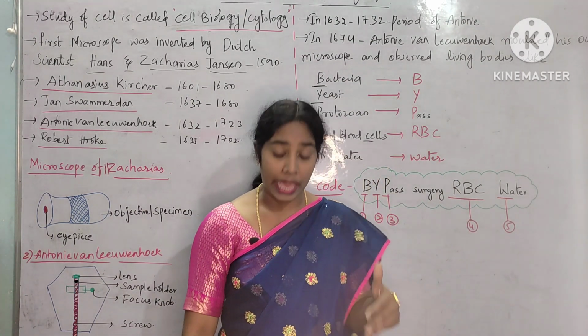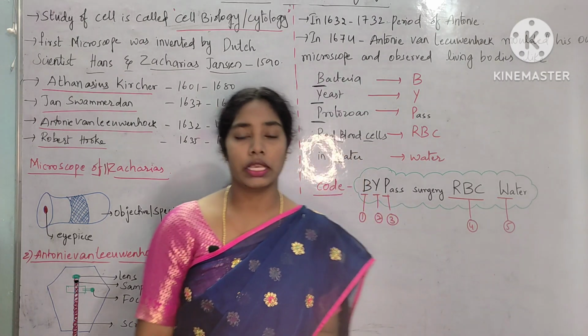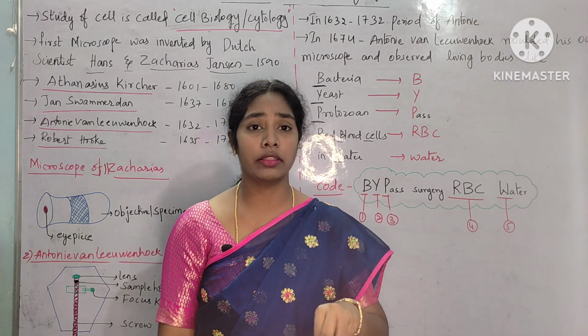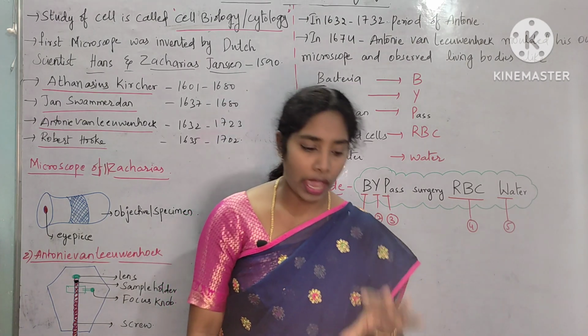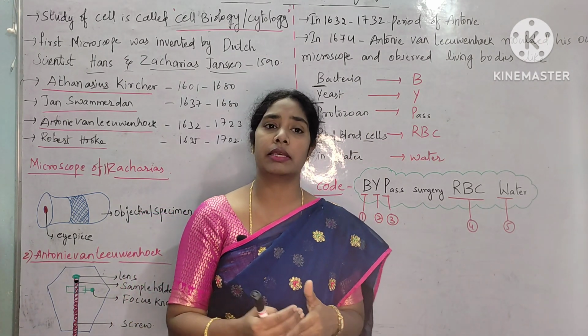Now let us see who Antonie van Leeuwenhoek was. He was a fabric quality checker; he used to check the quality of fabric. As part of checking the finer quality, he used to make some microscopes.